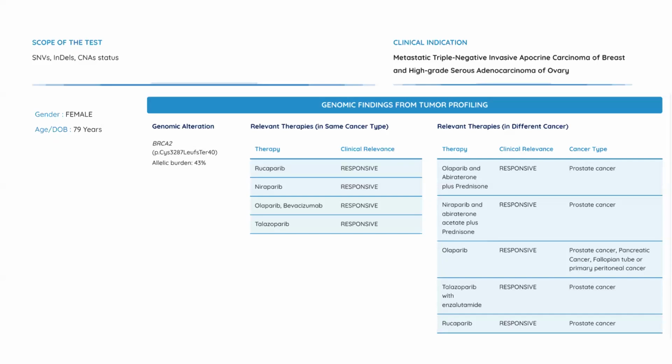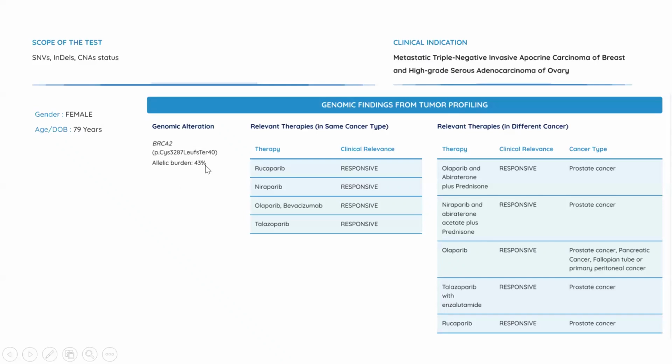However, it is like a water and milk mixture. You cannot separate them. It is within the testing, but you can still get some clues. So what are the clues here? The clue here is the allele burden or VAF or mutant allele fraction. Different ways all mean essentially the same. So this is an indirect indicator when you do a tumor profiling.